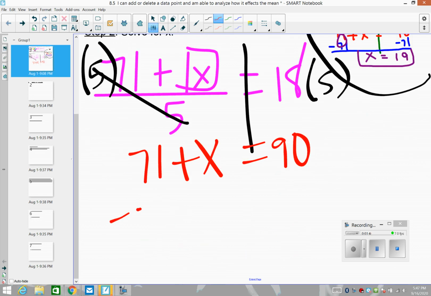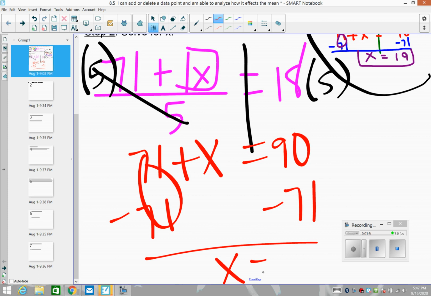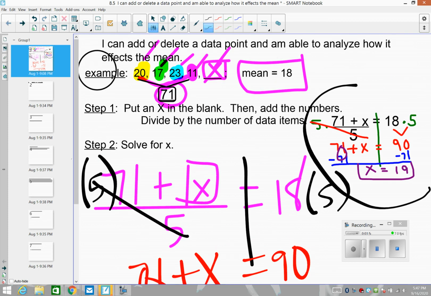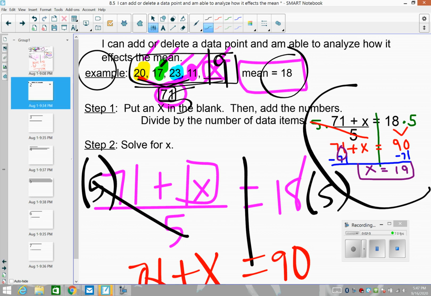And then you would subtract 71, copy paste. So you get x is equal to 19. You can guess and check too, but it just takes so much longer. But you would need a 19 to add all of these, divide by 5, and get an 18. So that's just the overview. That might have been really fast, but that's just the overview of what we're going to do. So let's try it.